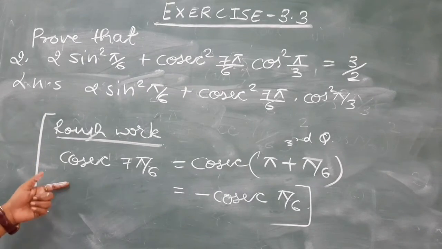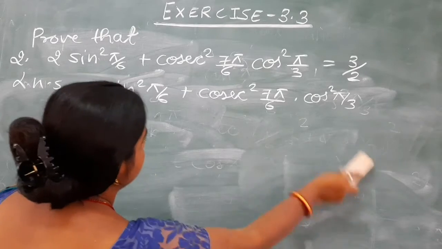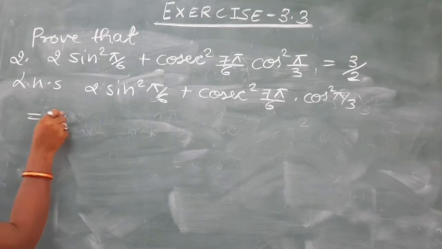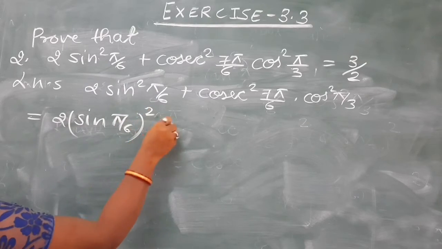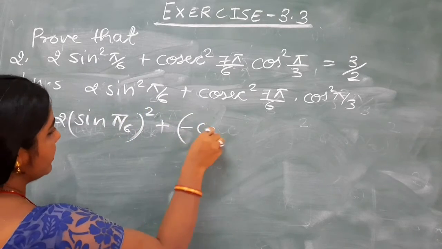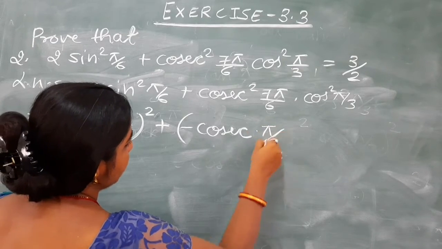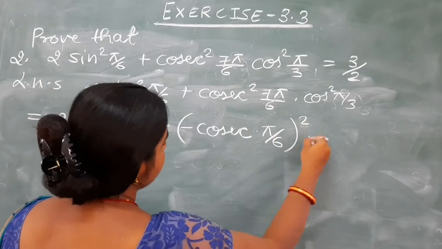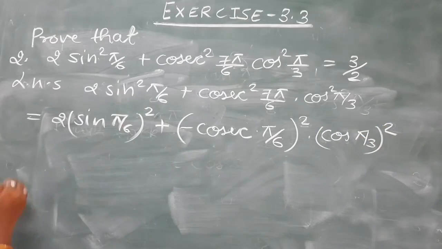This is the rough part, because of that I am going to remove it. So here we can write sin of pi by 6 whole square plus this value as minus cosec pi by 6 whole square into cos pi by 3 whole square.